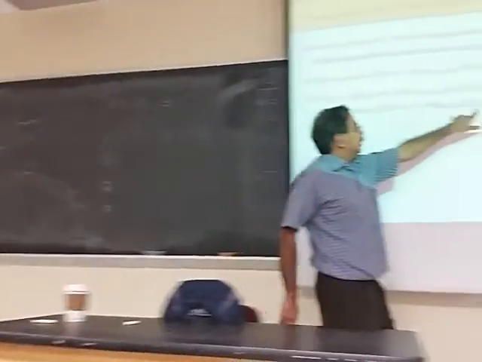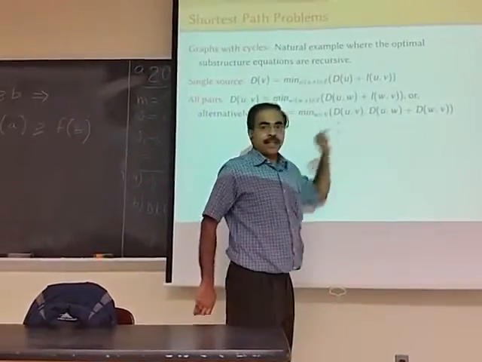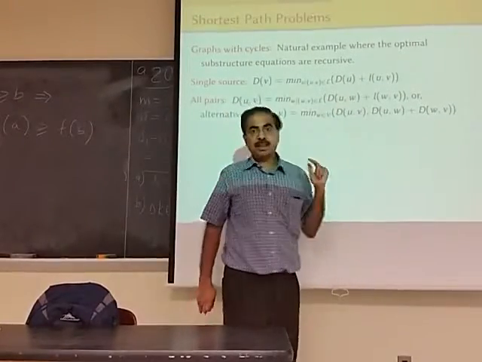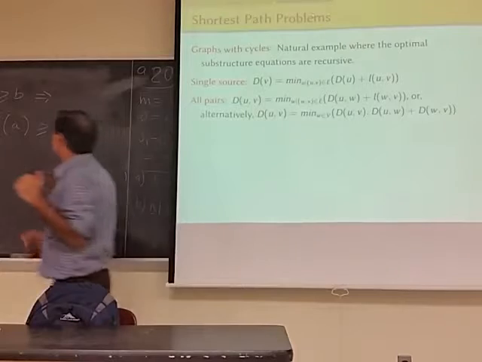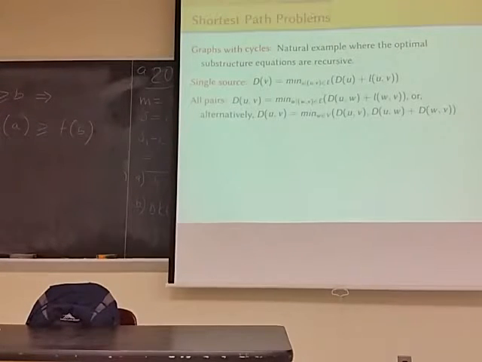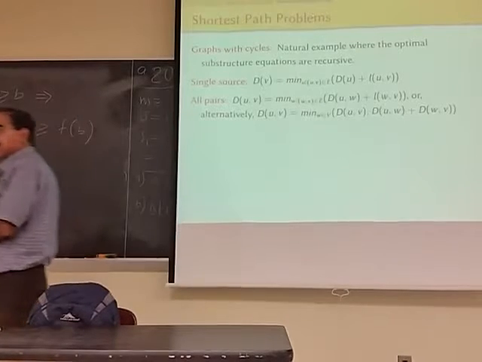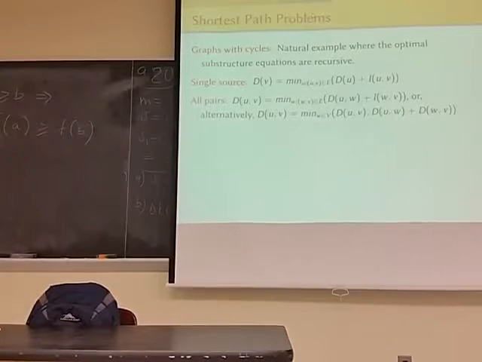This formulation is picking an arbitrary intermediate vertex W. The other formulation is picking a W that is a predecessor of V, right? Just like in the case of the single source problem, where we were iterating only through the predecessors of V. Here we are iterating through arbitrary W. In all cases, these equations themselves are relatively simple to understand and simple to convince ourselves that they are correct, right?